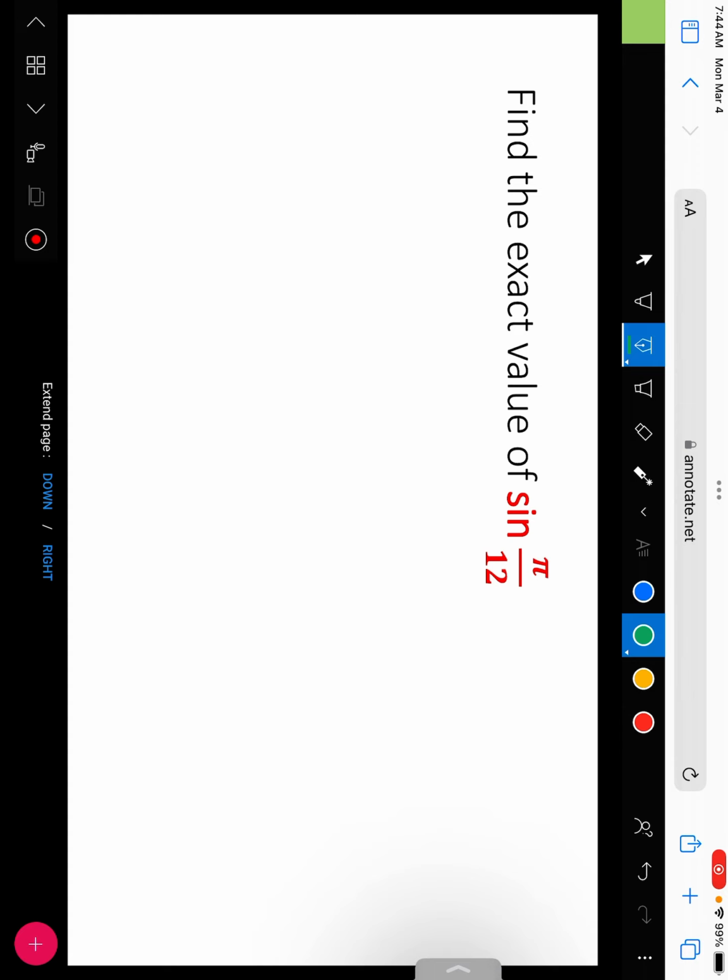Anybody got the angles yet? You do. You got 4 over 12 minus 3. So 8 over 12 is 2 and 9.